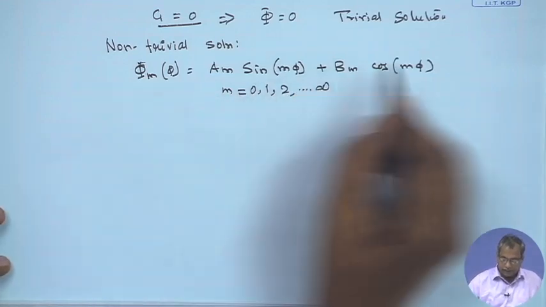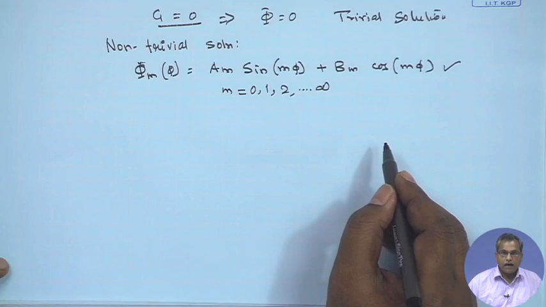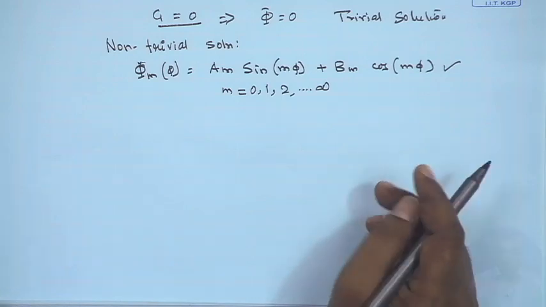So, this takes the case of constant eigenvalue as well, constant eigenfunction as well. For m equal to 0, the eigenfunction is constant. For m not equal to 0, for any other value, it will be a combination of sine function and cosine function.